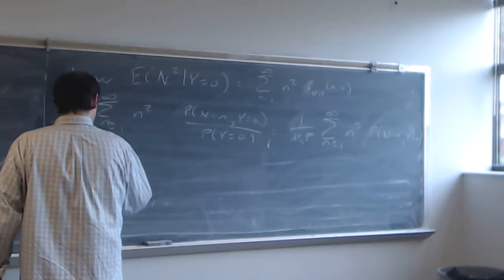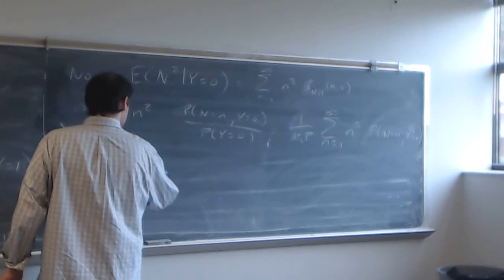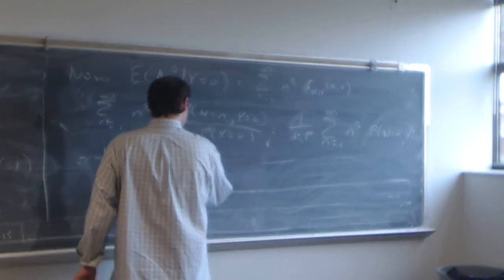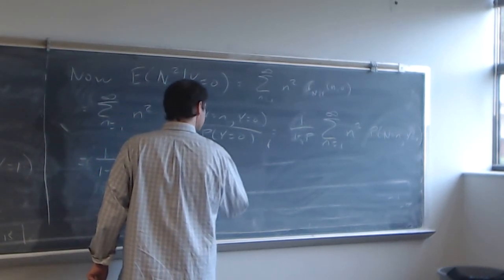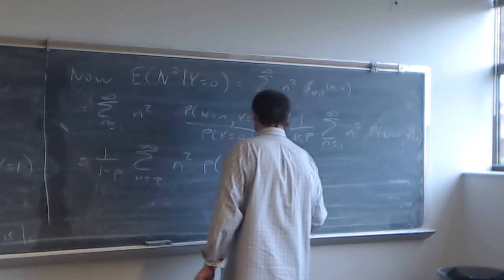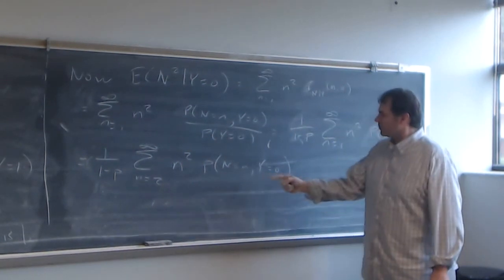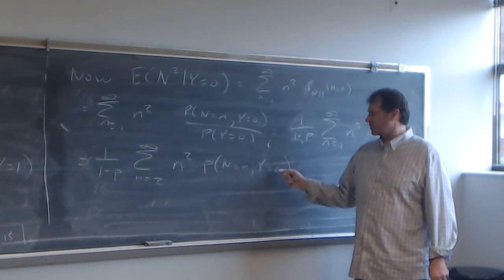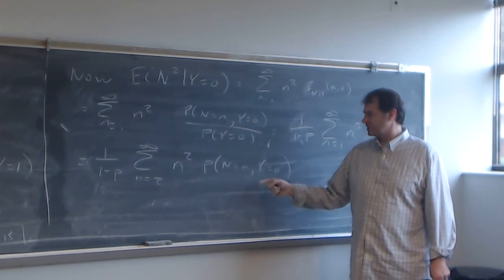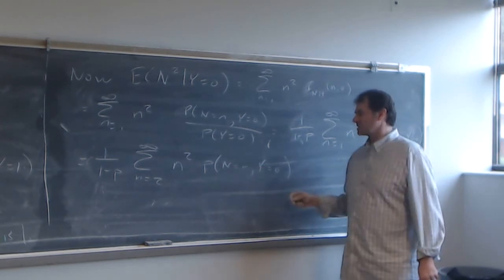But we have 1 over 1 minus p times the sum as n runs from 2 to infinity, just like what we did before, of n squared times the probability that N is equal to n and Y is equal to 0. But look, the event that N is equal to n and Y equals 0, when you know n is going to run from 2 to infinity, is the same thing as the probability N equal to n.